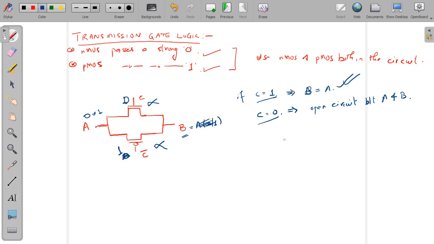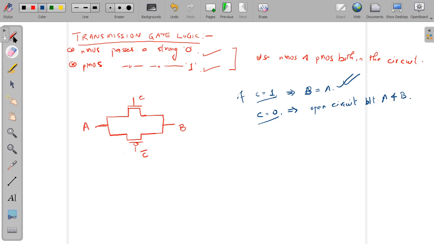So this is a simple transmission gate, which can be used to construct various logic gates and circuits, and we will see some of them. We will see how to use transmission gate to construct those things.